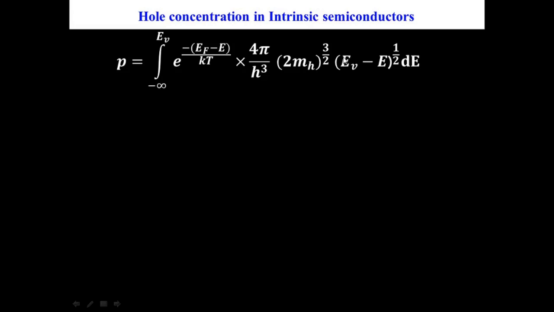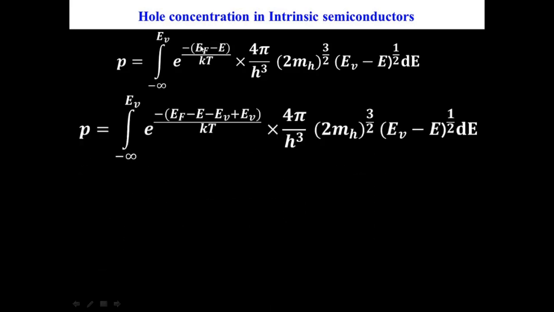Now look at this bracket, there is a term EF minus E and there is no term of EV, so we will adjust the term EV here, in the power of the exponential. By adjusting, we write minus EV plus EV, inside this bracket; the rest of the terms are the same.